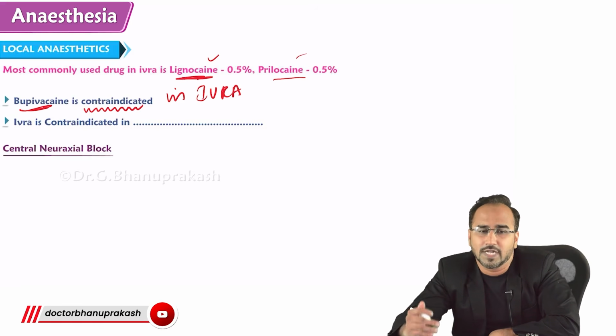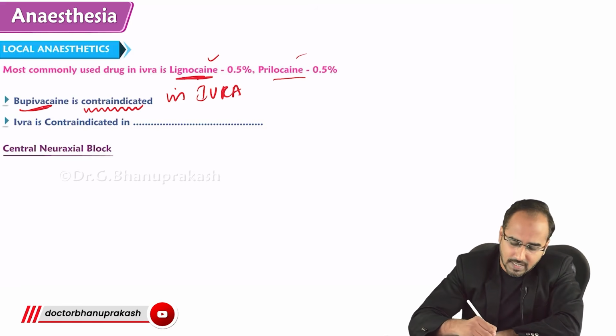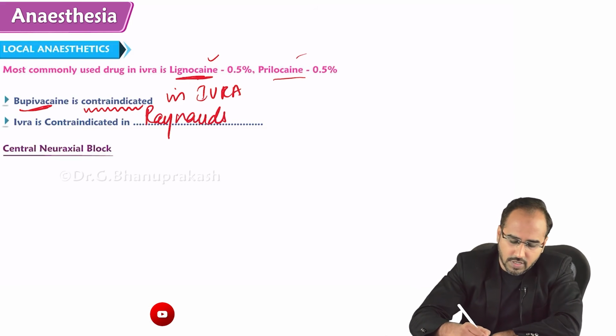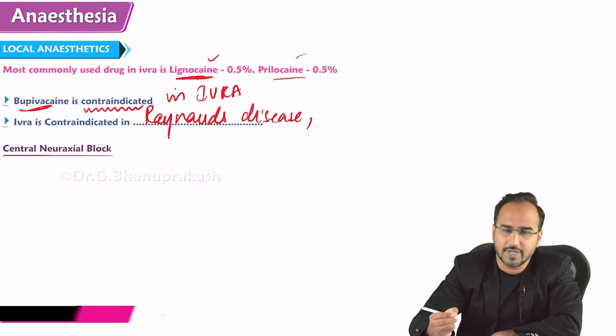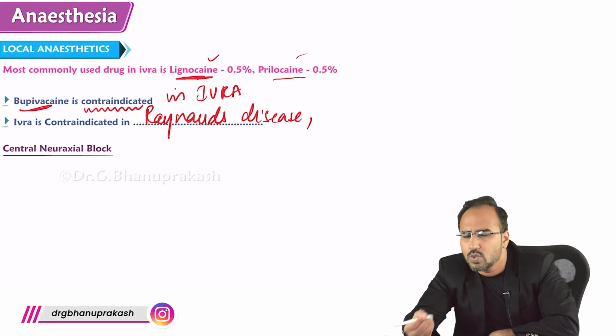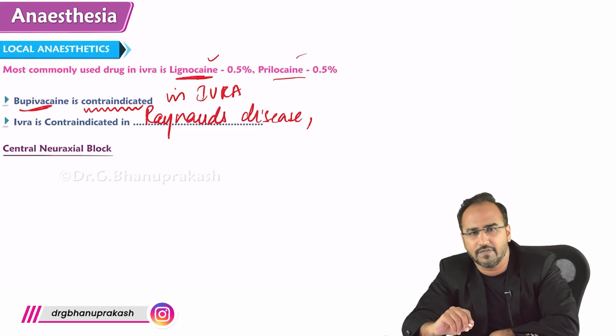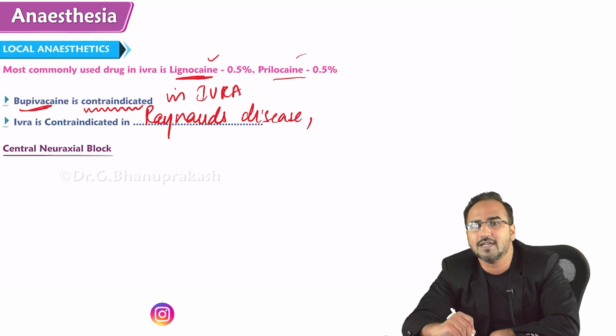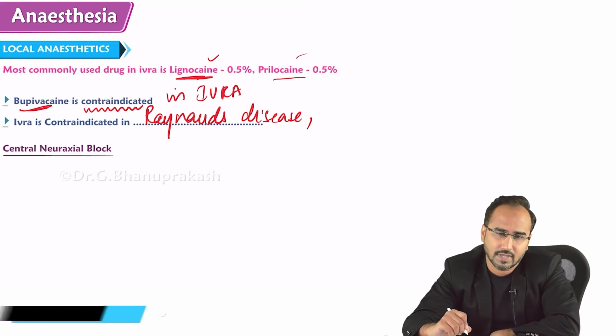What are the conditions where putting tourniquet is contraindicated? One condition is Raynaud's disease. In Raynaud's disease patient having Colles fracture, you never go for IVRA. Apart from that, what else? IVRA is also contraindicated in patients who are suffering with sickle cell anemia. Why, sir?